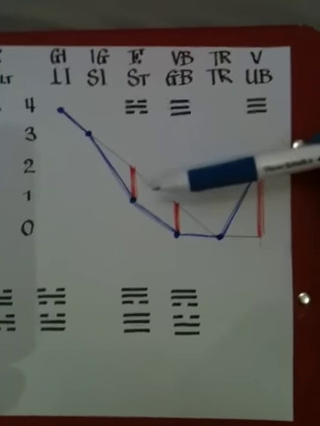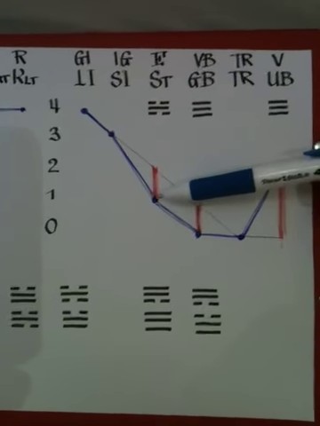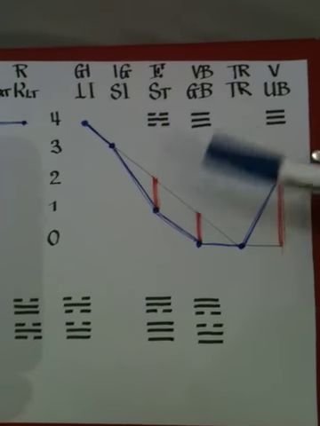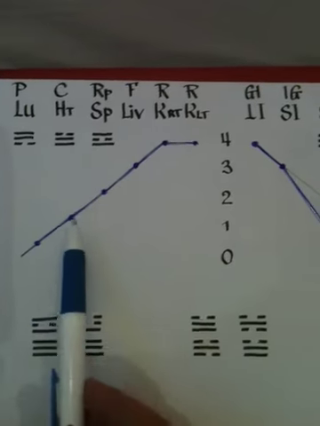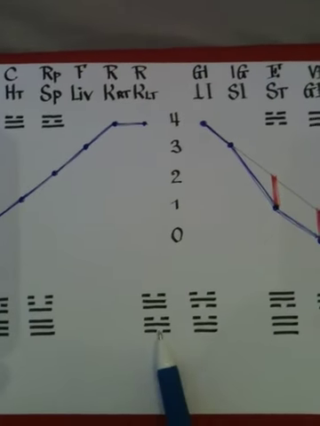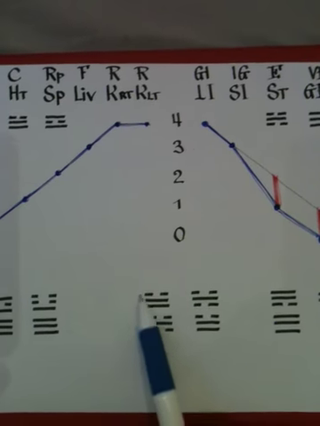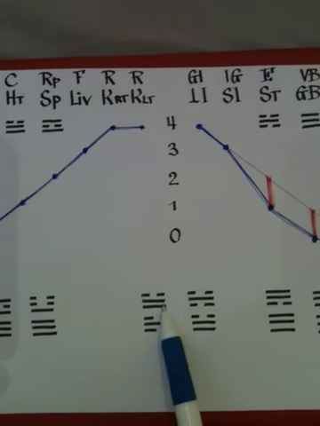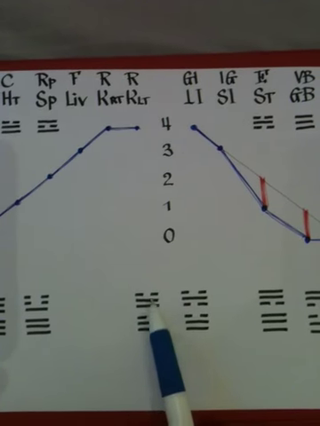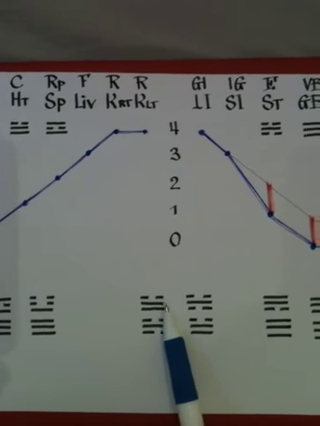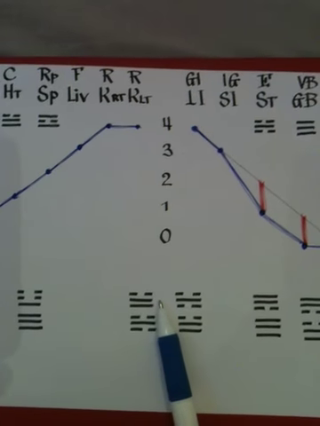Next, let's treat the stomach meridian. What we can find is that the stomach meridian is at the level of the heart meridian. So here is the stomach meridian, and here is the trigram Gua of the heart pericardium meridian.